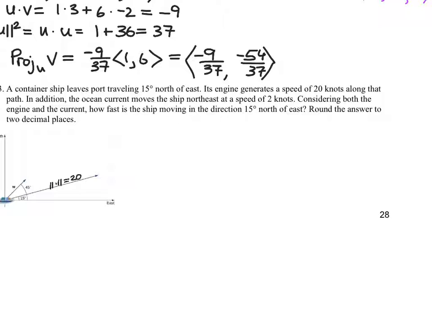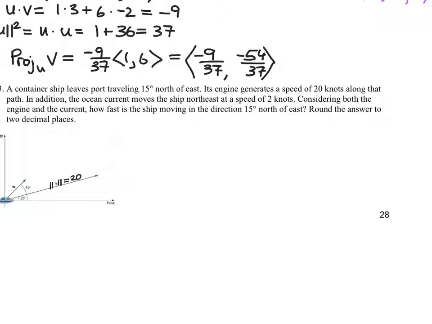All right, so again, container ship leaves port moving 15 degrees north of east. Its engine generates a speed of 20 knots along that path. That's what the engine is doing. That doesn't necessarily mean that's how fast it's going. The ocean current contributes a speed.